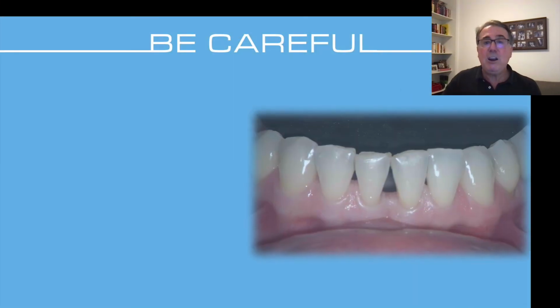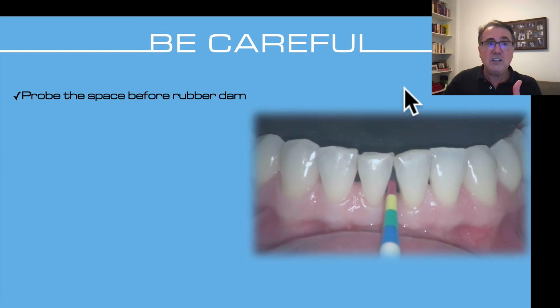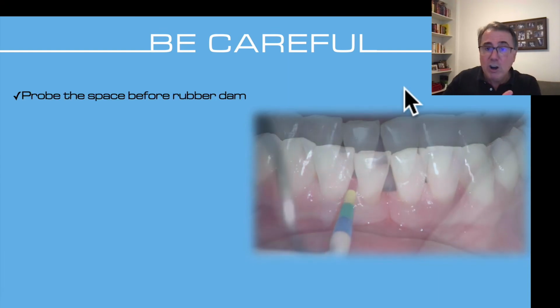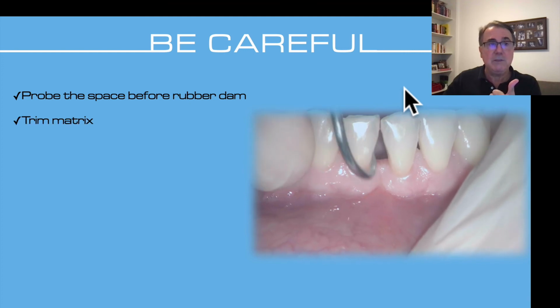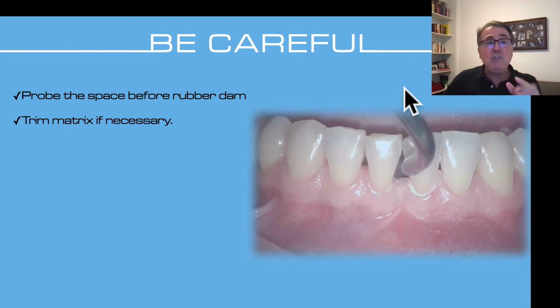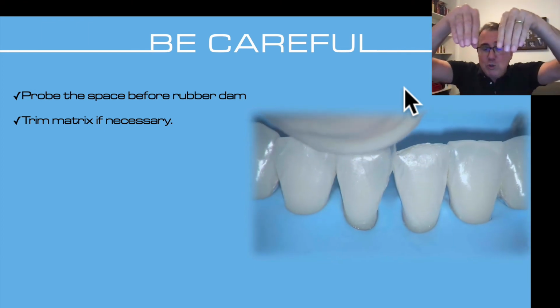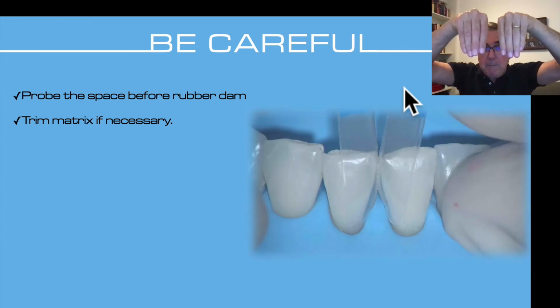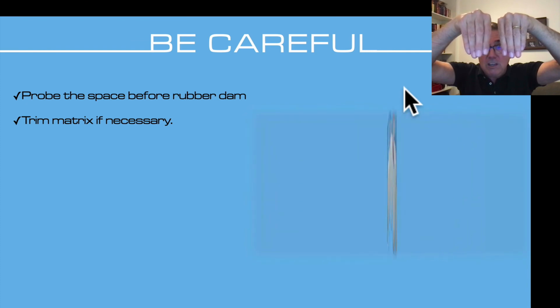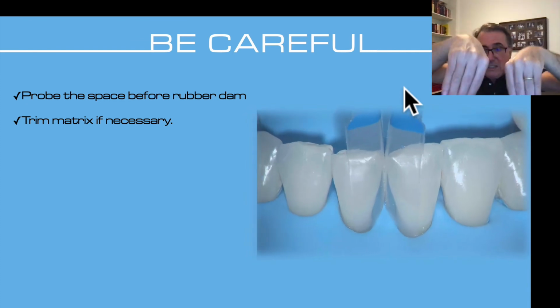So, be careful. First, probe the space before placing the rubber dam. Second, if necessary, you may trim a little bit of the matrix in order to adapt it more easily into that embrasure.